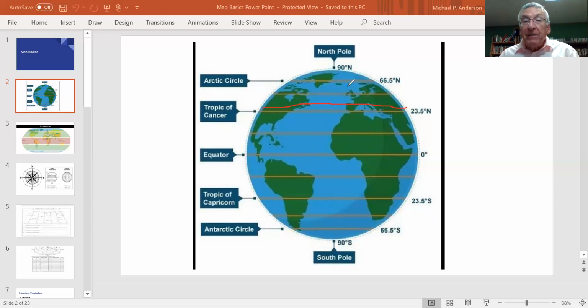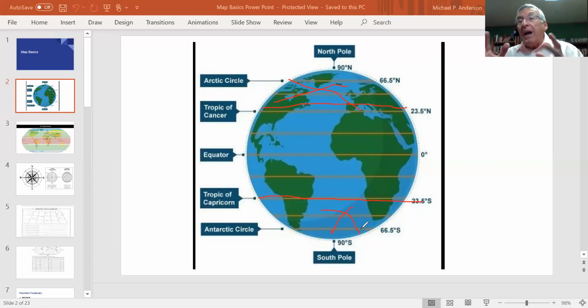North of that, up here, the sun will never be directly overhead. Tropic of Capricorn is the same way. This is the southernmost point on the Earth where the sun will be, at some point during the year, directly overhead. Down here, the sun will never be directly overhead.